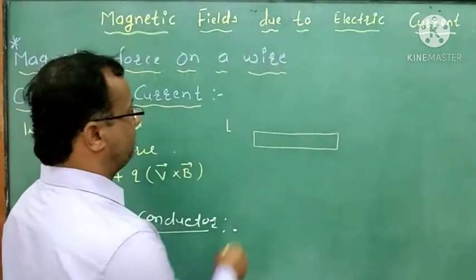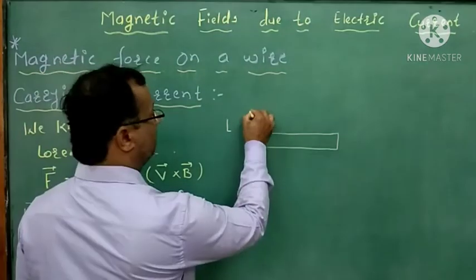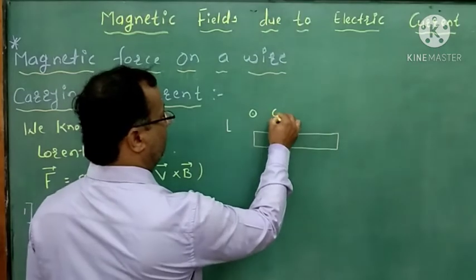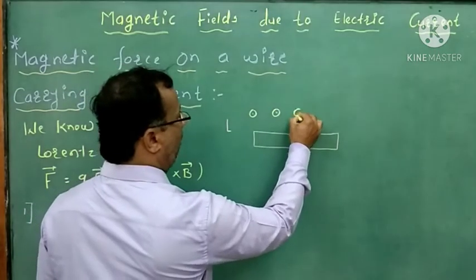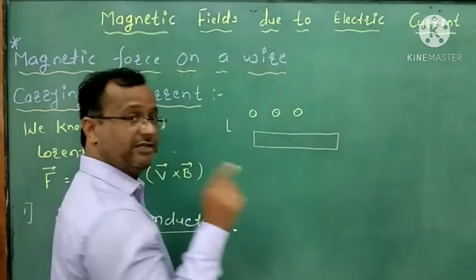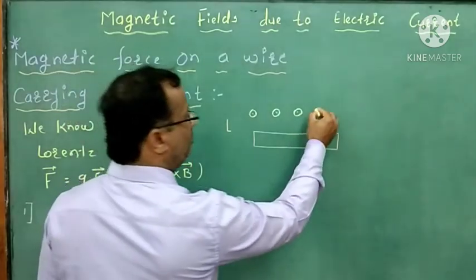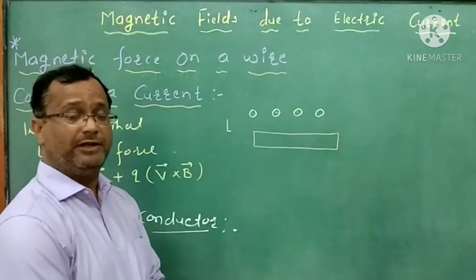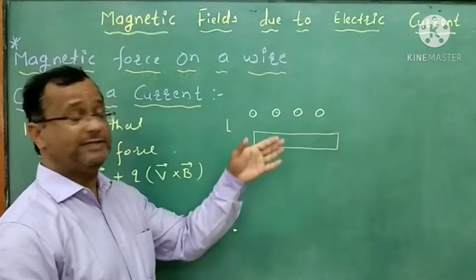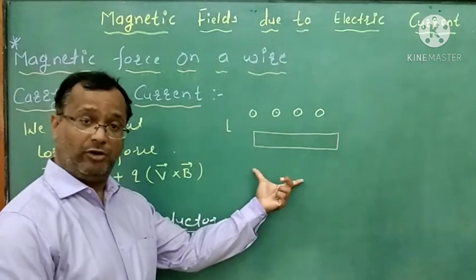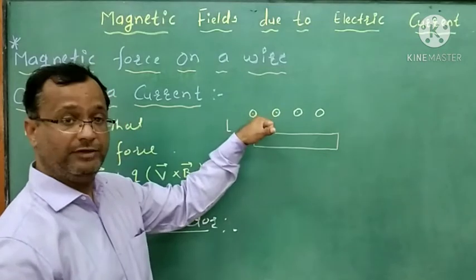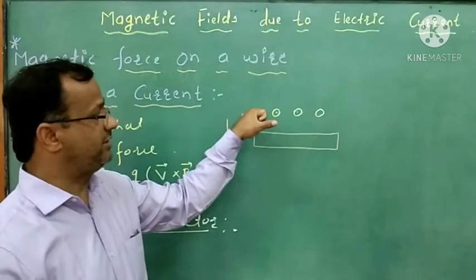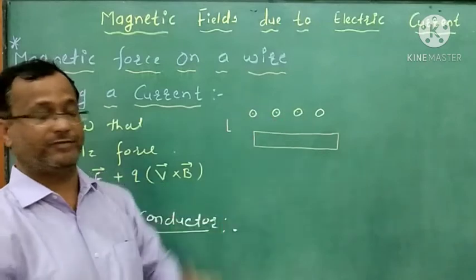Suppose we consider this will be the magnetic field, and you know the meaning of a circle with a dot inside it. The meaning of that is the magnetic field is present, but this magnetic field is perpendicular to the plane of the figure and directed outward. Right?